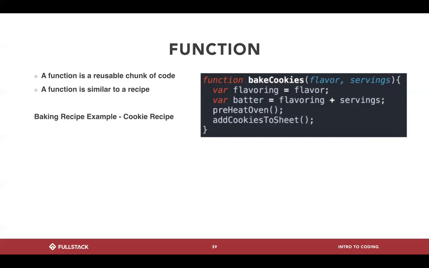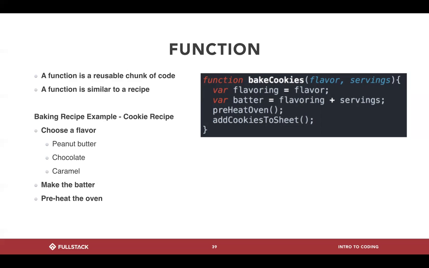So here we have an example that's bake cookies, which is a function. You can choose a flavor in it by adding a value to that flavoring variable. So you could pass in peanut butter, you could pass in chocolate, you could pass in caramel. Then you can make the batter by combining the flavoring and a specific number of servings.